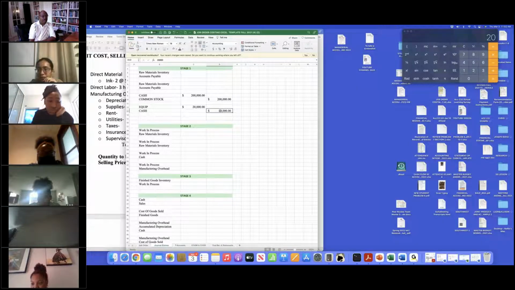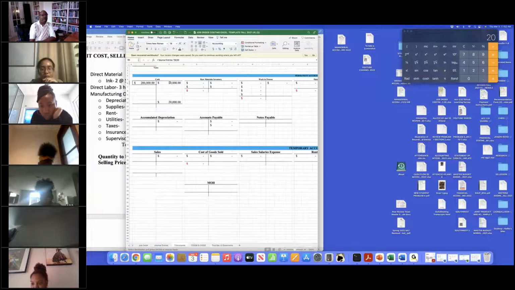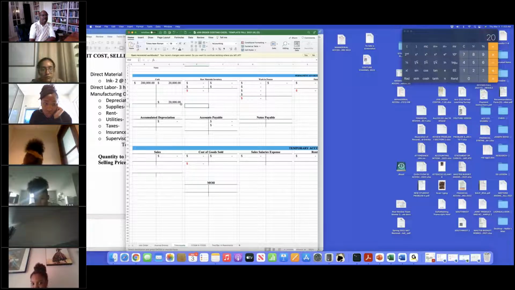So you should be hitting Control C. We're going to go to the T account, and I'd already put it in there. But in your case, you may want to just transpose it. Let me just take it out since it showed up automatically. Let me clear contents.